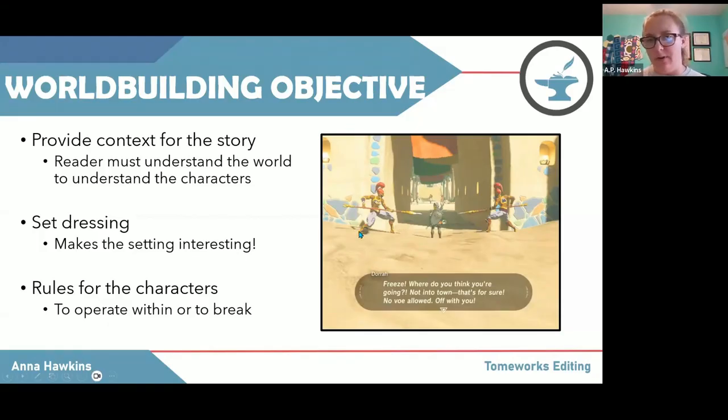It's not telling you what a voe is, but it is presenting this information in a context that lets you develop an understanding for what it is as you play the game. And part of the game's objective is figuring out how to get into this city even though you are not allowed in. So this is trying to figure out how to break these rules that the world building is establishing.